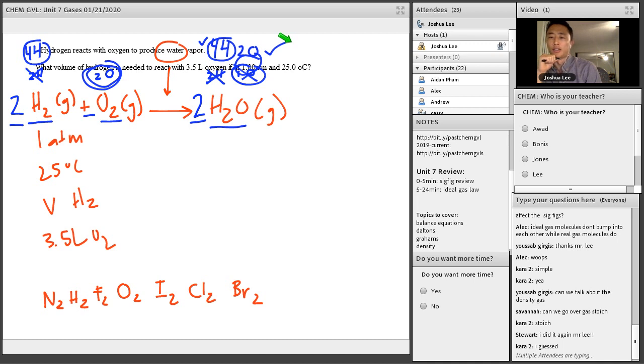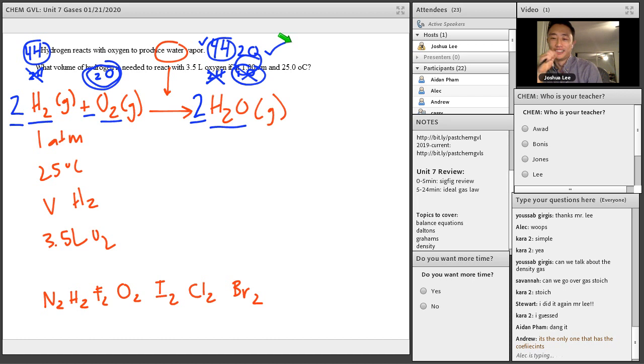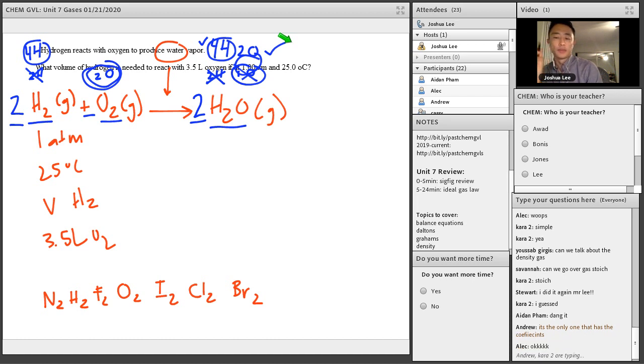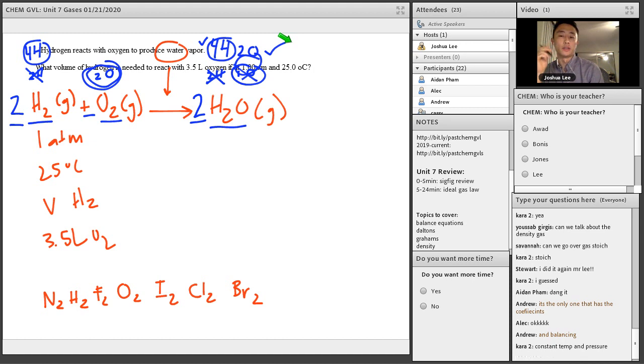Alec, don't write the answer. I see you typing, Alec. You too, Aiden. Other problems could give you the coefficients. But how do you know this one is going to be a gas stoich? Constant temperature and pressure, okay. But what's the question asking? What are we looking for?